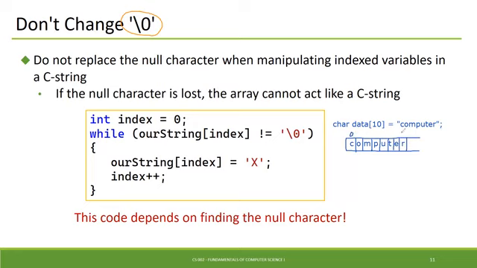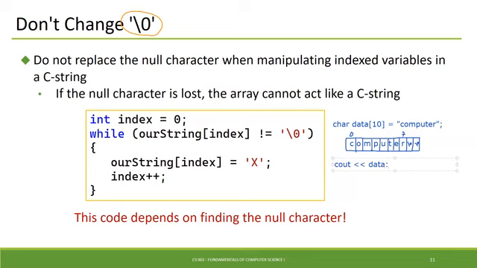From 0 to 7, that's 8 letters, and there are 2 more spaces, 8 and 9, and the null will be saved automatically. Is it okay? This is the memory of the computer. And after that, if you print out data, then the computer will print it.